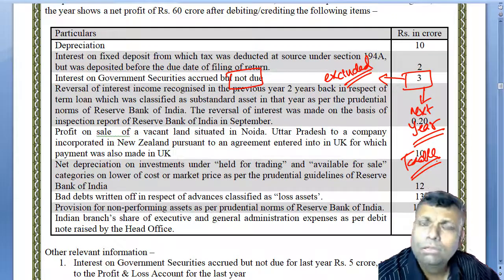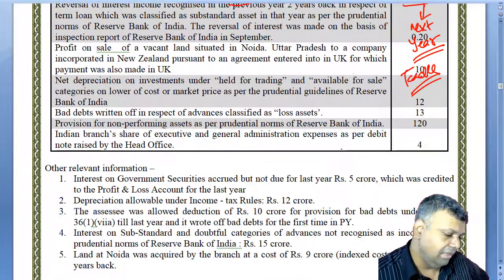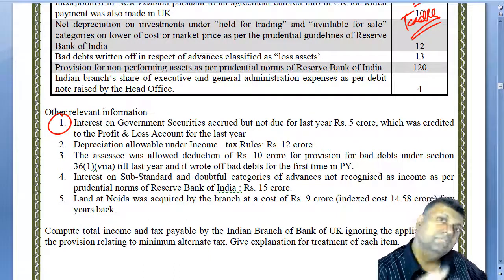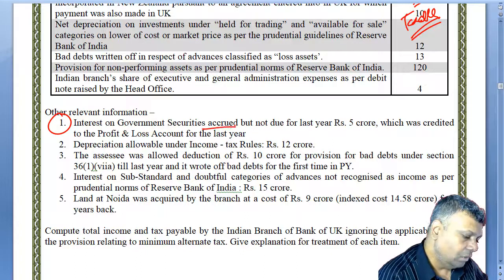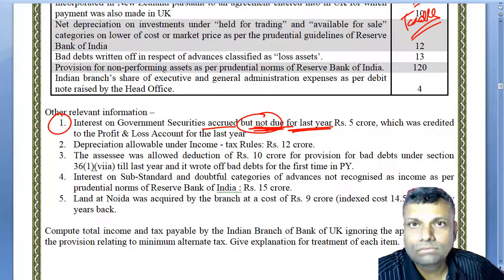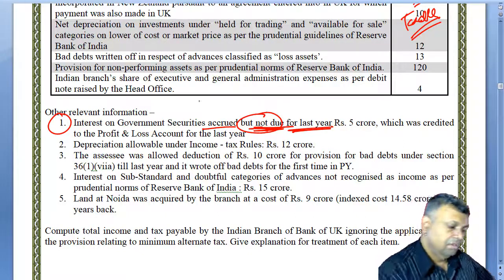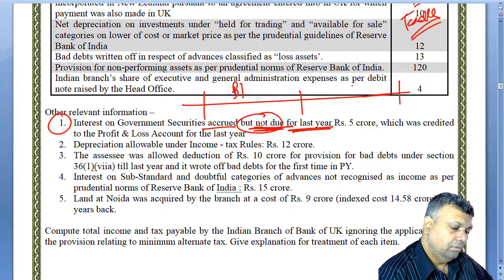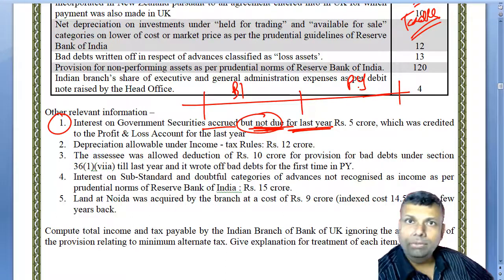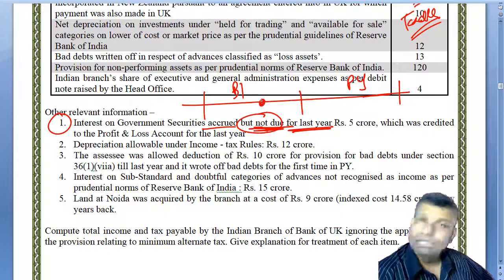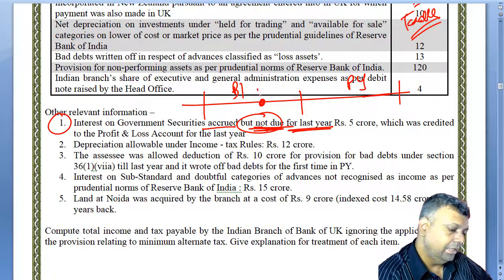That's all. Now the same thing applies to this figure. This point is again the same, but it is with respect to the preceding year. It was accrued but not due for the last year. Supposing this was the before year and that was the current year, previous year. In the before year, that means in the last year, it is falling due here.